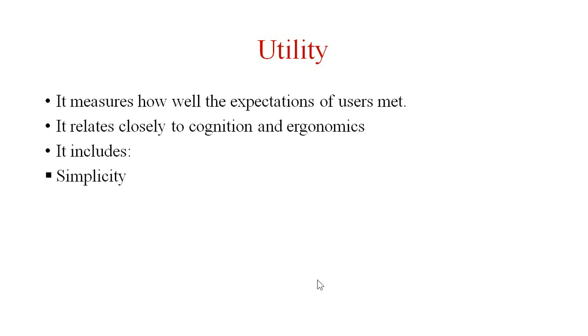So the product should be simple in operations, and also in the buttons and knobs provided for calculation or performing different operations. As one example, we can use a push button instead of a three-way knob for switching on and off. So that is simplicity.